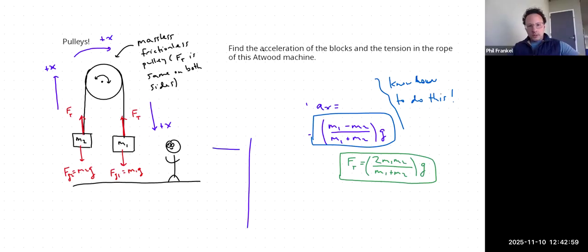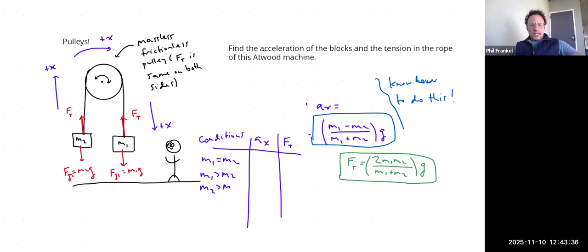And in this chart, we're going to have acceleration in the x direction, the force of tension, and particular conditions on the mass values. For example, we can look at mass 1 equaling mass 2. We can look at, let's say, mass 1 being bigger than mass 2, or mass 2 being bigger than mass 1.